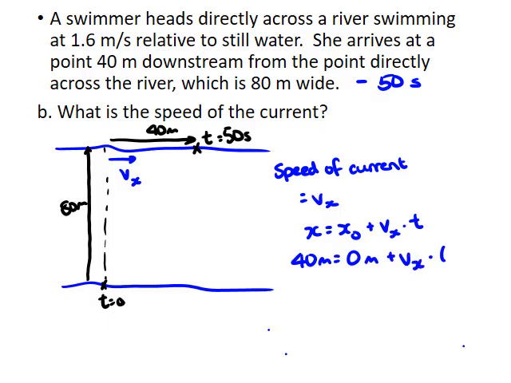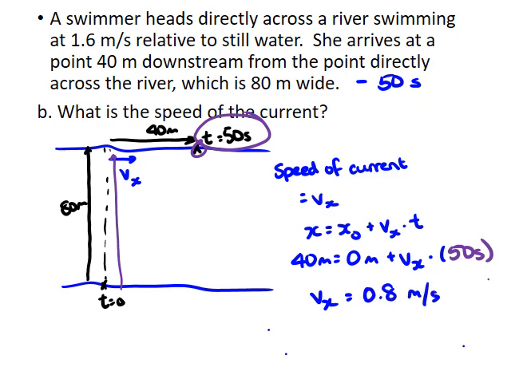From the last part, the swimmer reaches this point when crossing the entire river, which is 50 seconds. That's the only thing linking the two together: the time has to be the same. The rest we treat separately. If I solve this equation, I get Vx is equal to 0.8 meters per second.